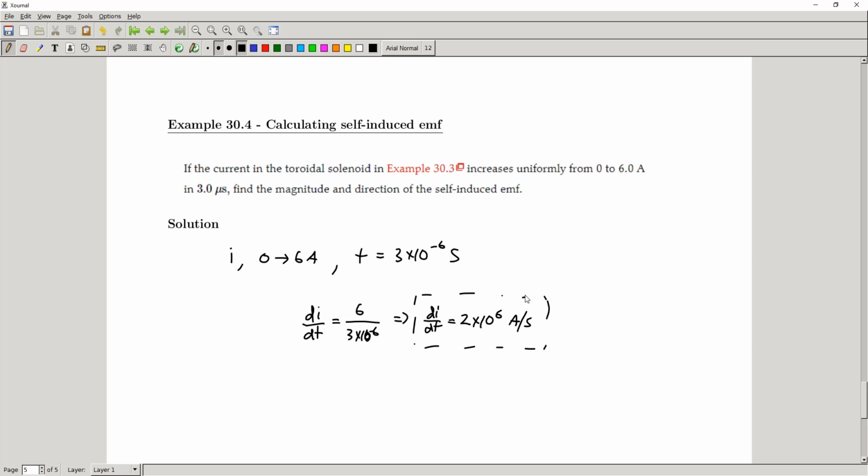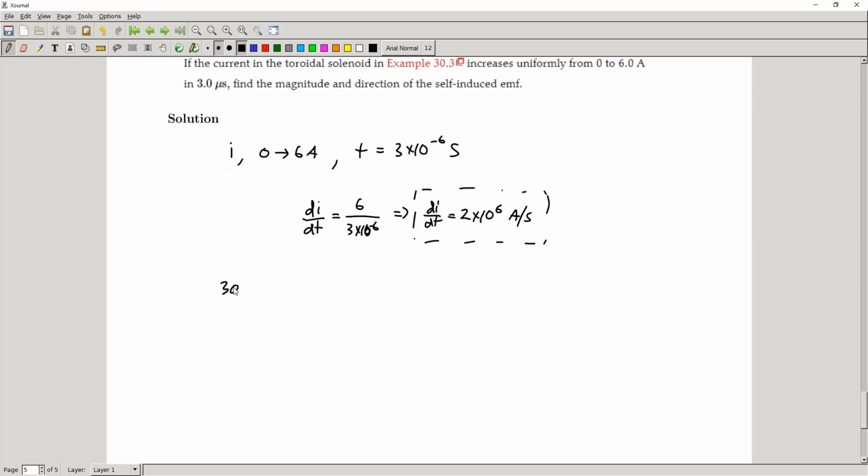And why is that useful to know? Well, we use equation 30.7 from above, which tells us that our self-induced EMF is going to be equal to minus L di dt. Well, we know L, we just calculated that in the previous problem. We just got di dt, so we can stick those together.